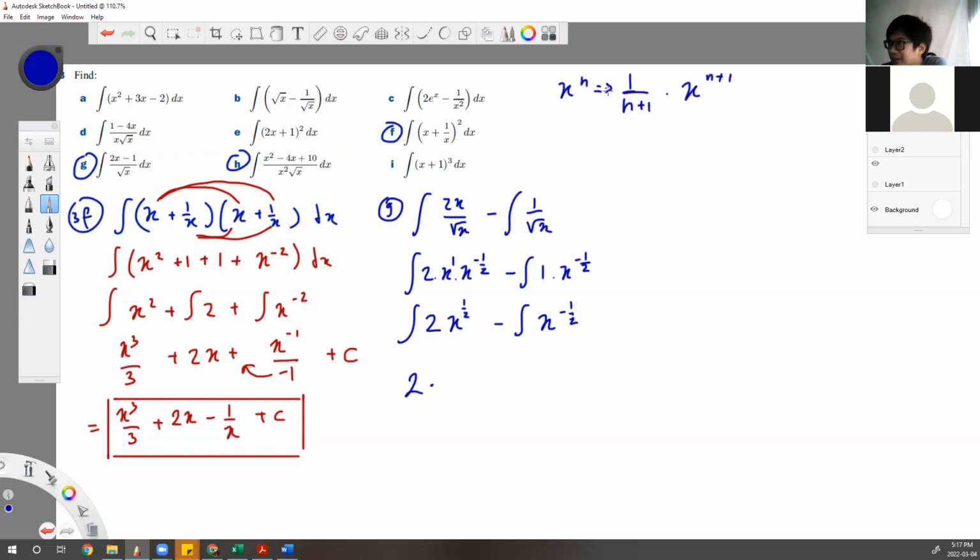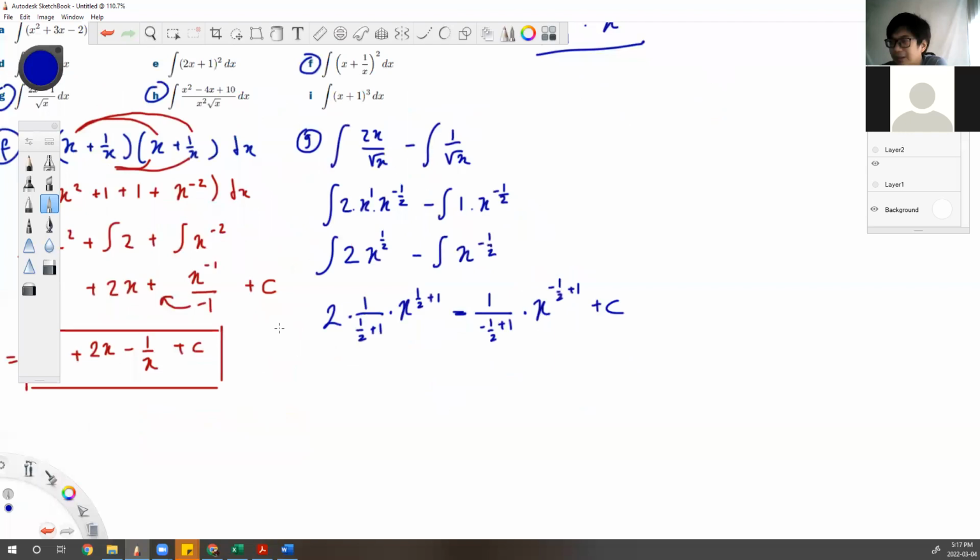So 1 over 2 plus 1, multiplied by x power 1 over 2 plus 1. You integrate this, minus 1 over negative 1 over 2 plus 1, times x power negative 1 over 2 plus 1. And at the time you do the integration, plus c. That has to be at the end of the integration. Okay, 1 over 2 plus 1.